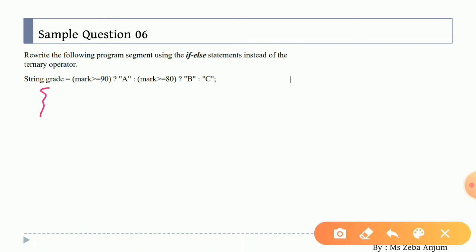Now see, again divide the else part into your if-else portion. This is your condition, this one is for your true value, and this one is for your false value.